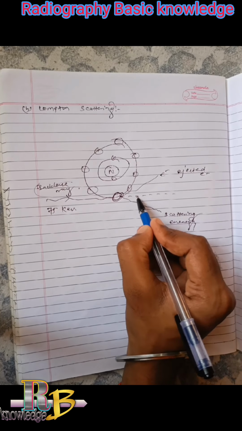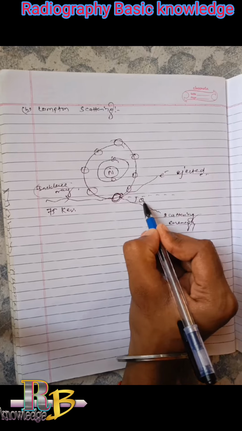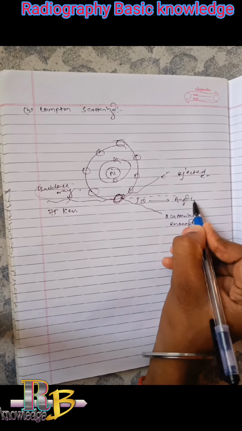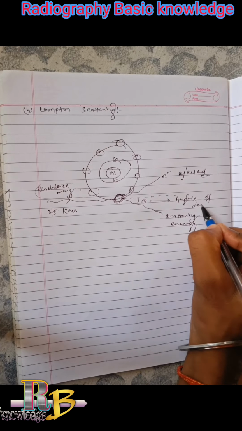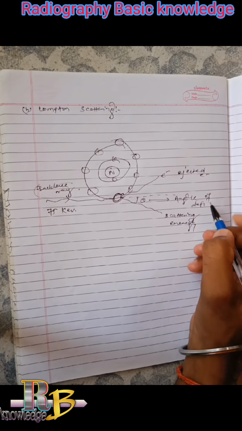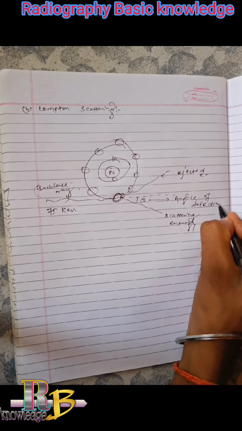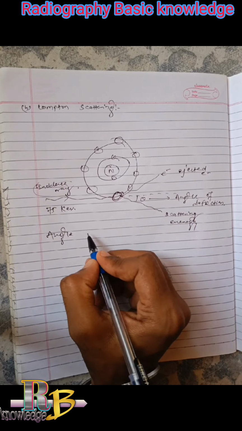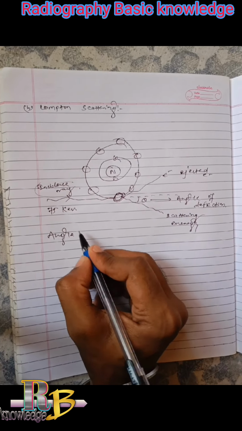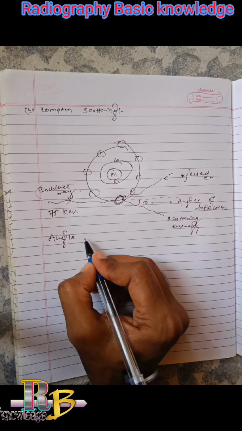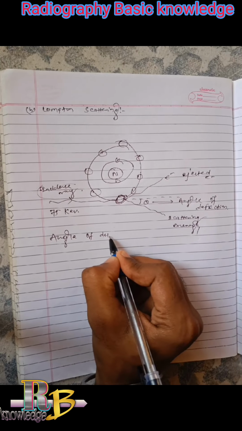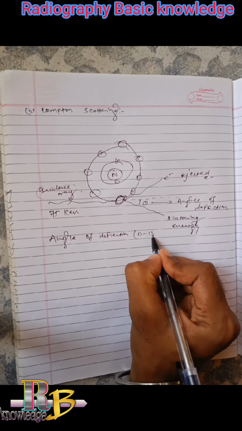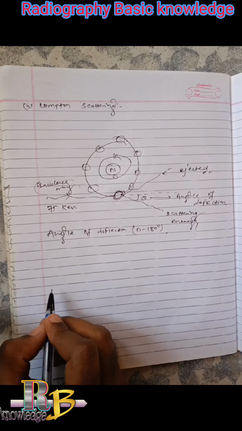It makes an angle theta, which we call the angle of deflection. The angle of deflection is 0 to 180 degrees and depends upon the incident ray.